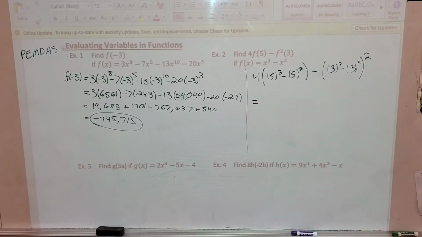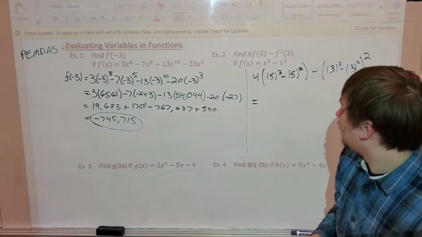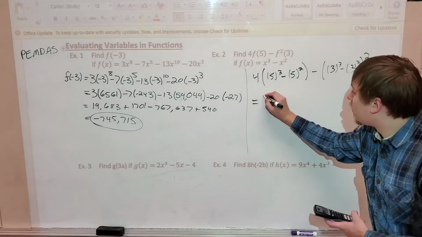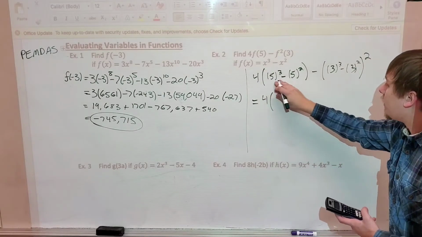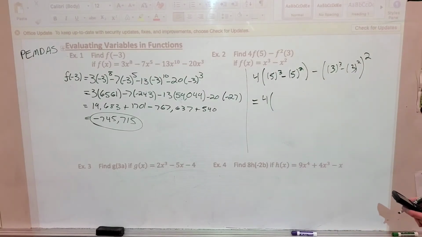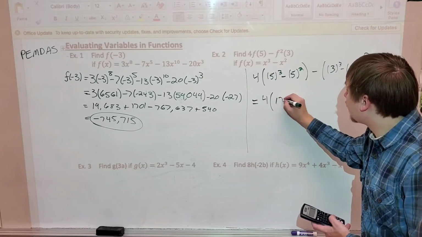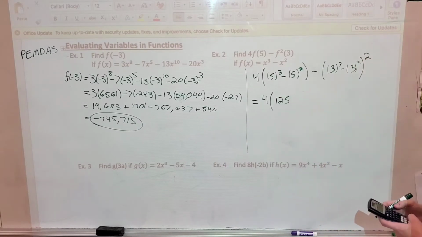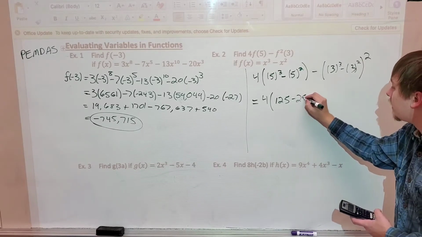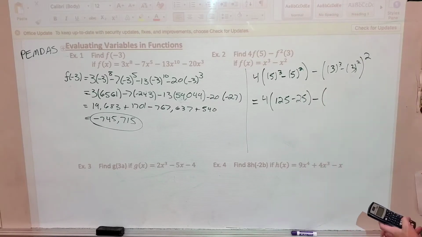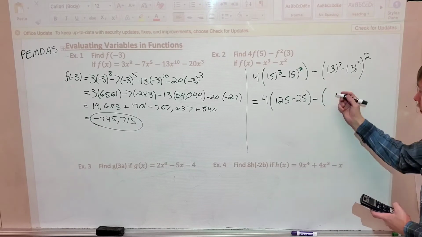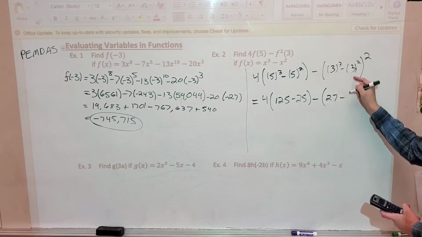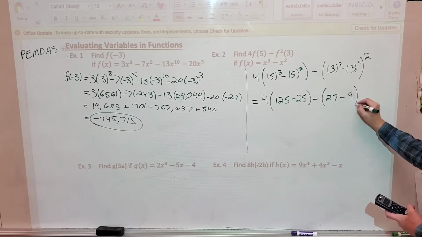So order of operations, we need to do what's in the parentheses first. So let's go ahead and do that. So we'll leave the 4 right where it is, and then go all the way to the inside of the parentheses. 5 to the 3rd is 125 minus 5 squared. 5 squared is 25 minus, and then big parentheses. 3 to the 3rd is 27 minus 3 squared is 9.